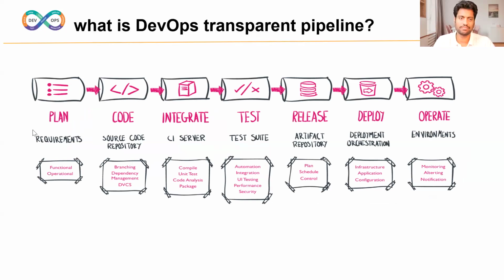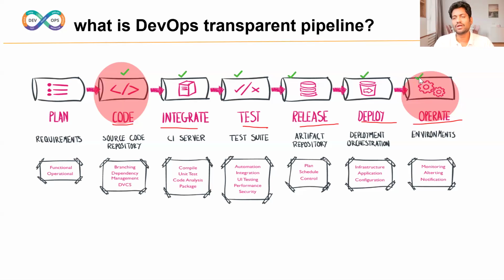The actual DevOps transparent pipeline looks like this. It has plan, coding, integration, testing, release, deploy, operation. Our roles and responsibilities start from the dev environment and end with what? Operation. We are part of coding, integration, testing, release, deploy, operation.